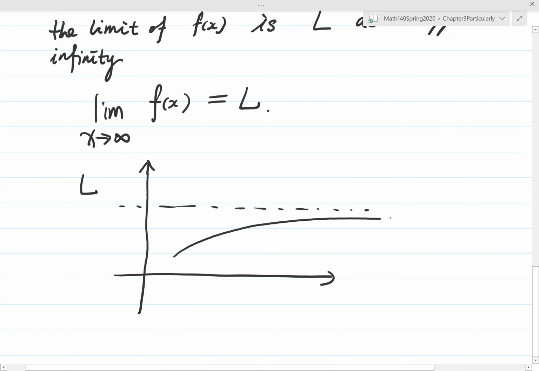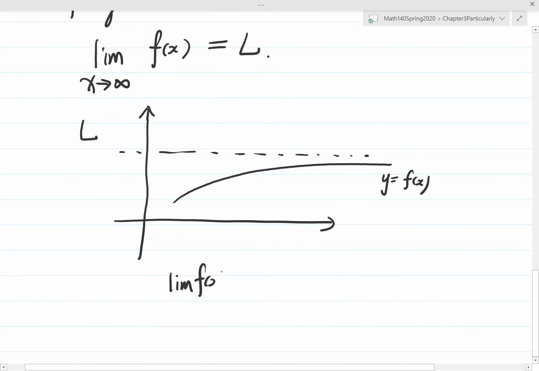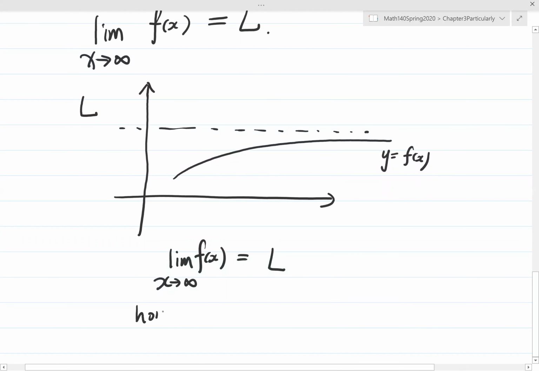So y equals f(x), and we have the limit of f(x) as x approaches infinity is L. You see the graph of f(x) can get arbitrarily close to the horizontal line L. In this case, we have a horizontal asymptote, which is y equals L.